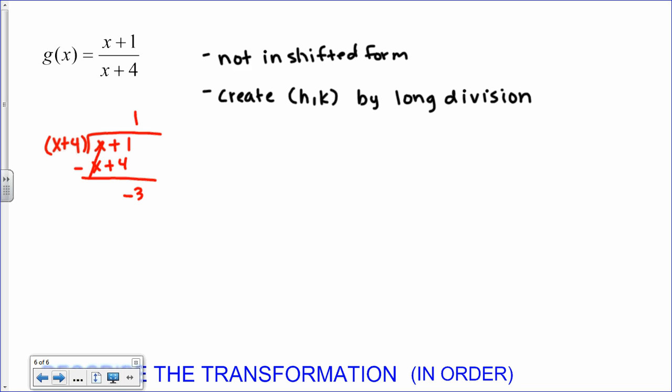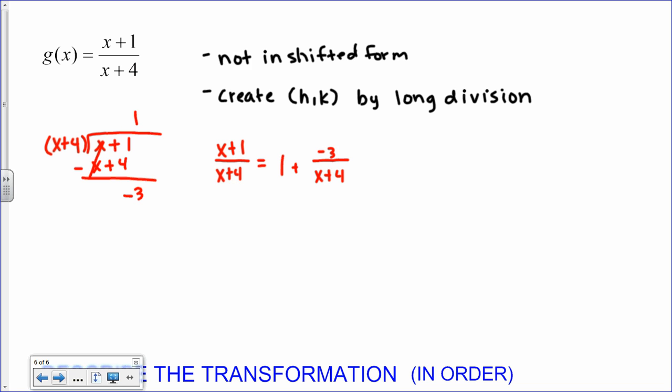So my remainder is negative 3. Okay, so writing that answer out, I have x plus 1 over x plus 4 equals 1 plus negative 3 over x plus 4. So you put your remainder over your divisor. And that is our shifted form.